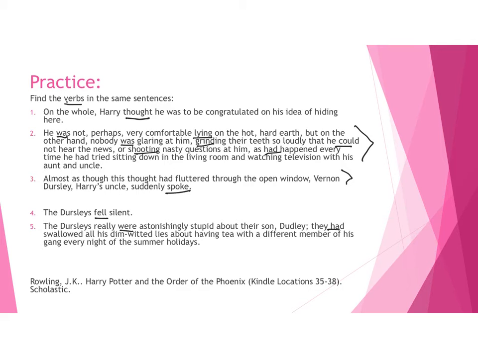And then the rest of it's talk about, but on the other hand, and then it's just description after description after description, a comparison. J.K. Rowling is a master at writing, okay?